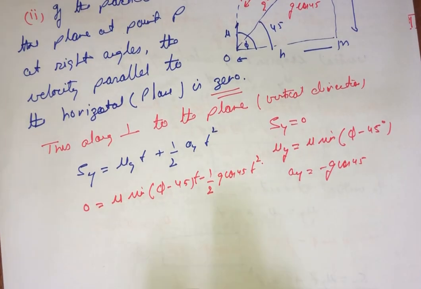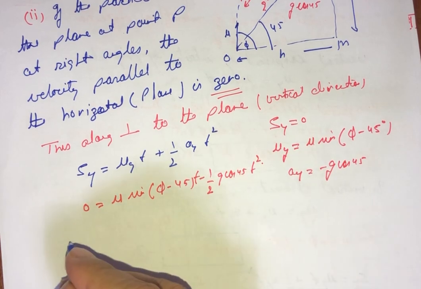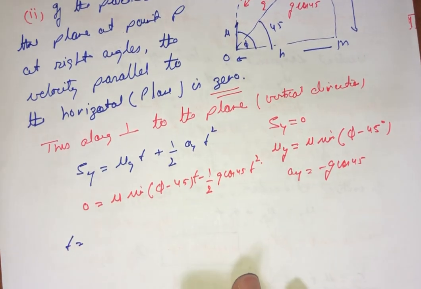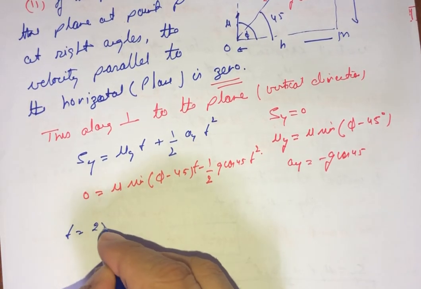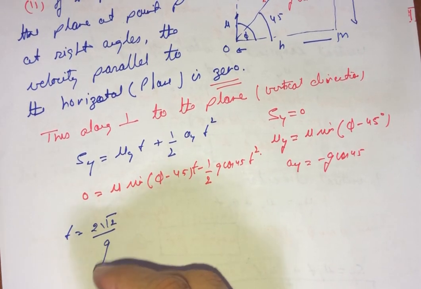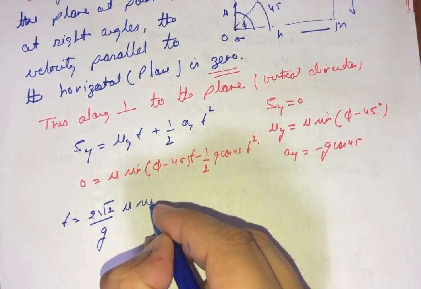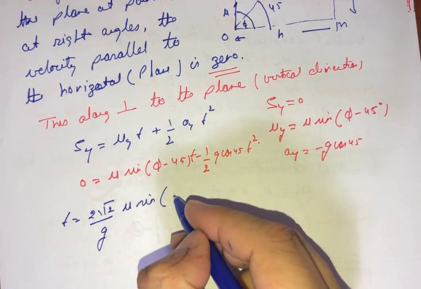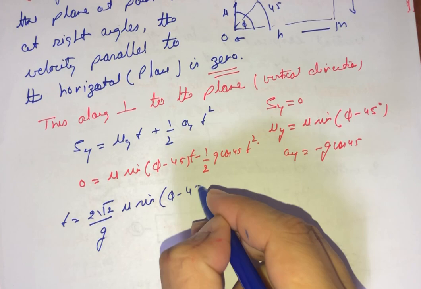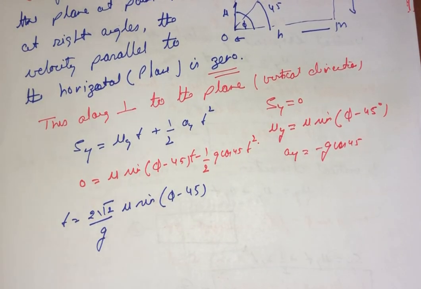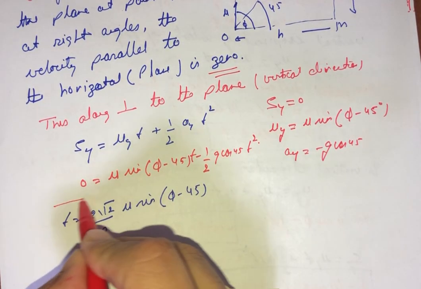So we can write this as t is equal to 2 root 2 divided by g u sine of phi minus 45, and let us call this equation number 4.